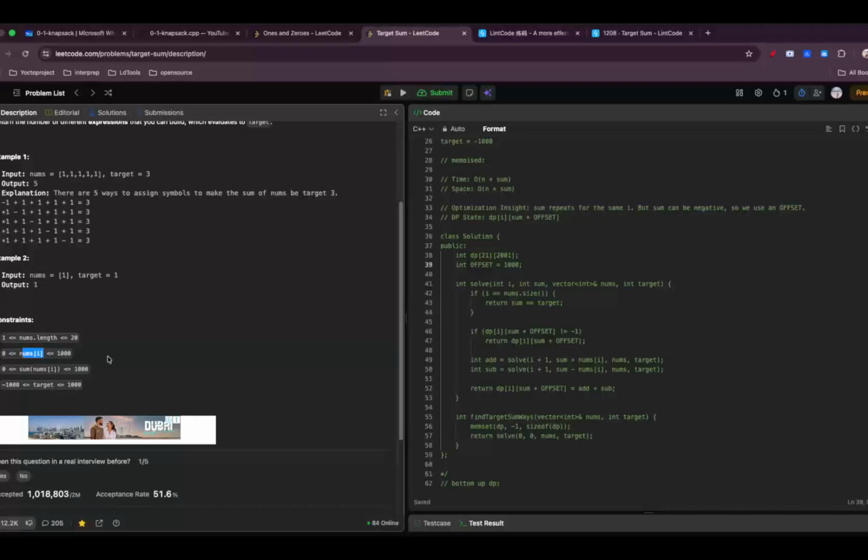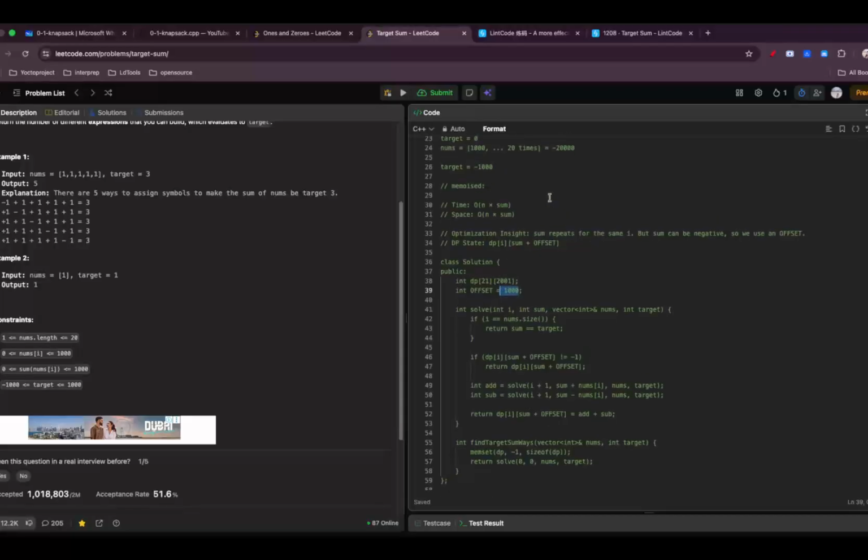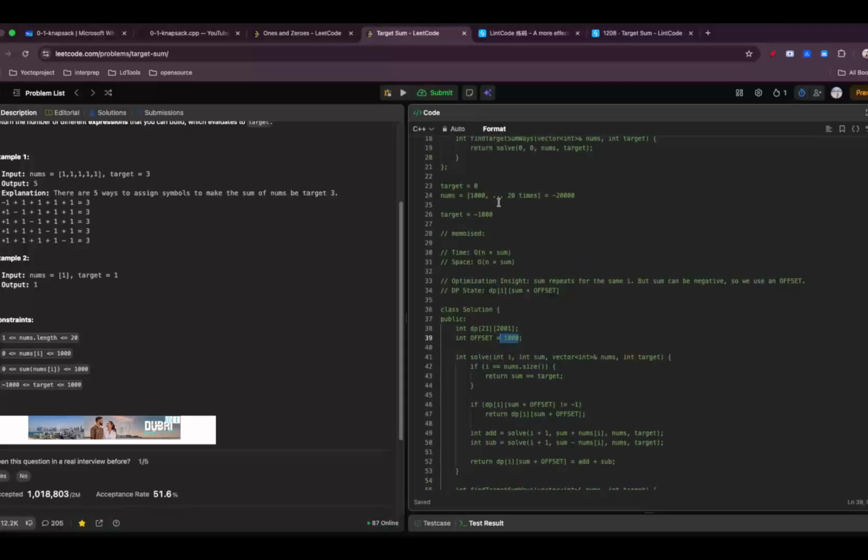So anyhow, if you see, because it is till 20, that's why we are taking till 21. Then we are having this 1,000. It was better if we take that 1001, still we have taken that 2001. That is just for the case, because we are taking this as 1000, not 20 times.